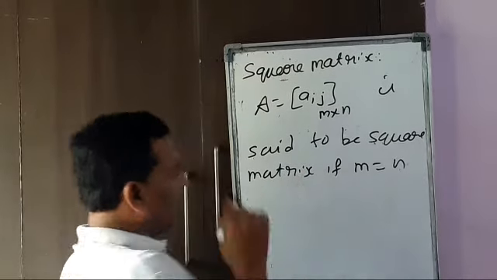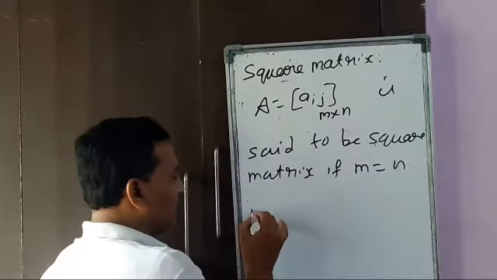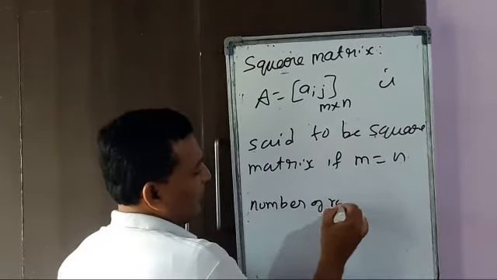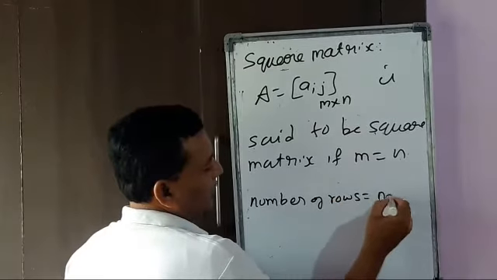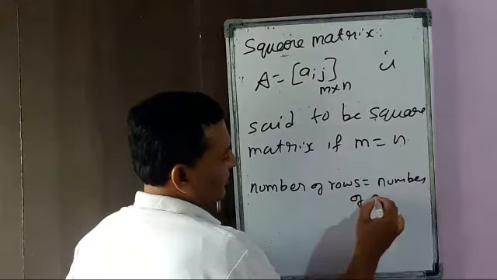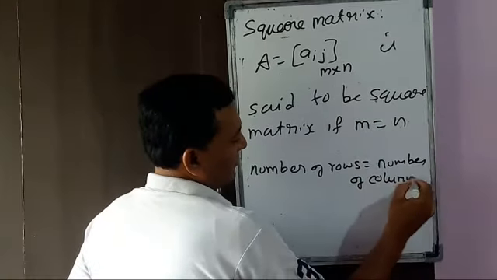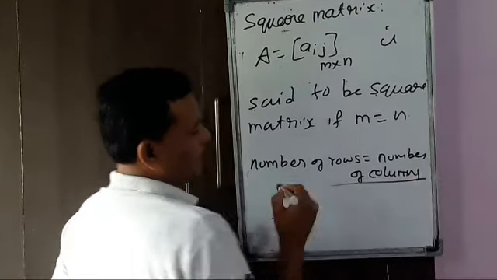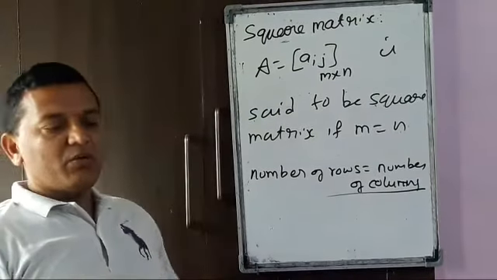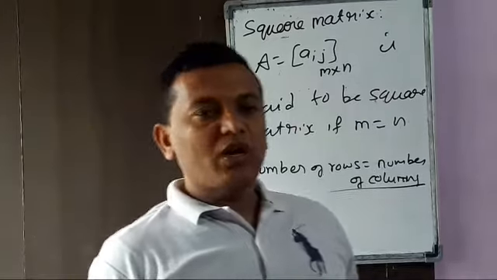That means the number of rows equals the number of columns.